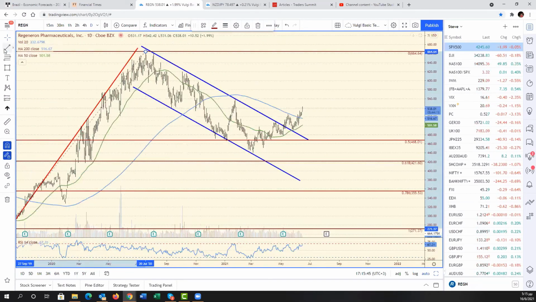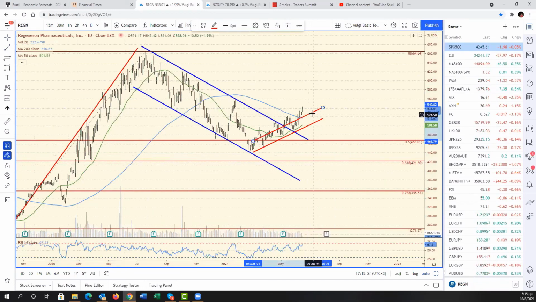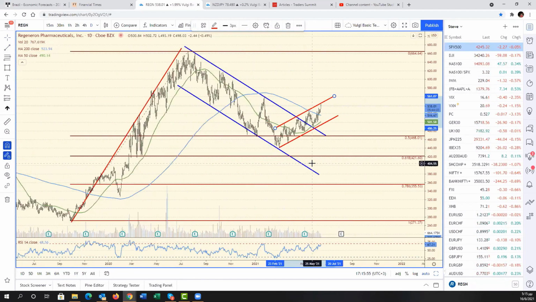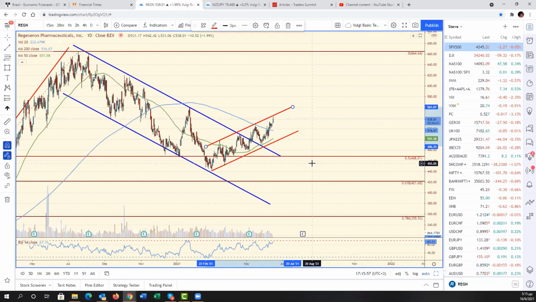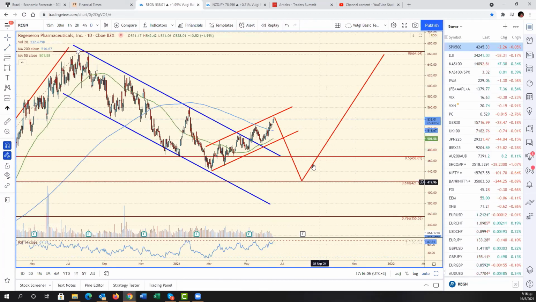Yet, there is one thing that troubles me. And it's the fact that so far, the rebound higher doesn't have impulsive characteristics. So I would be really careful here because we might be looking for a more complex correction before we're done, right?